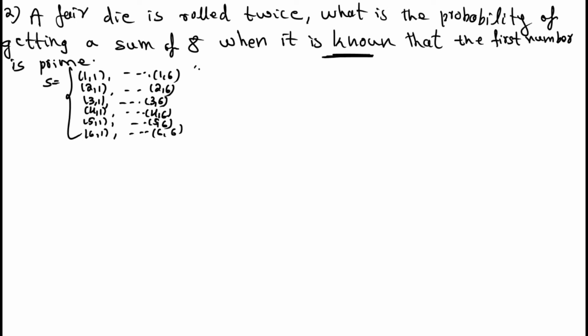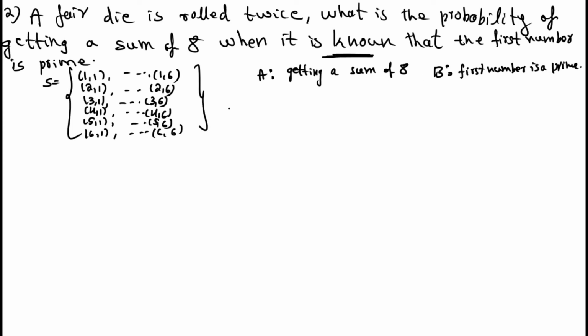Okay, it's an outcome. We know how to write the sample space. Then take event A such that getting a sum of 8, and take event B such that the first number is a prime.